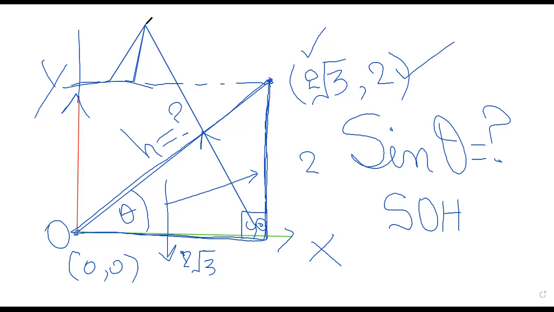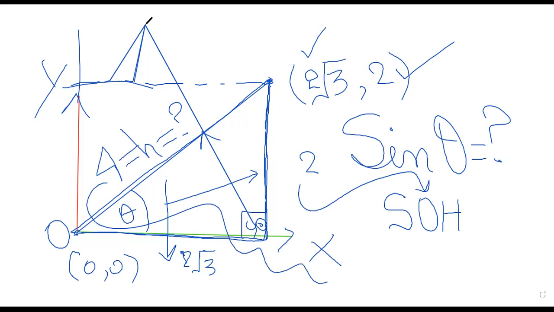Sum them, you will get 12 plus 4, that is 16. And that must be 4. Am I right? Yeah, that's what I got. So each and everything is given. This is the side opposite to theta, and it's this 2 over the 4, the hypotenuse h.